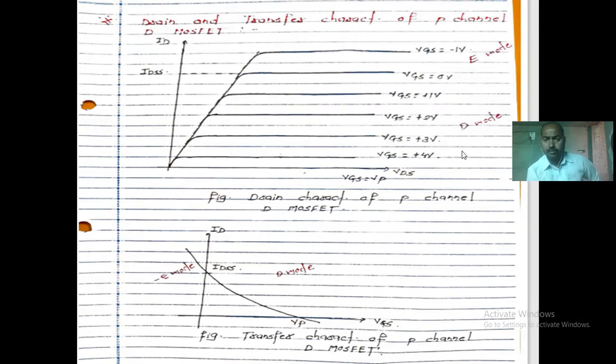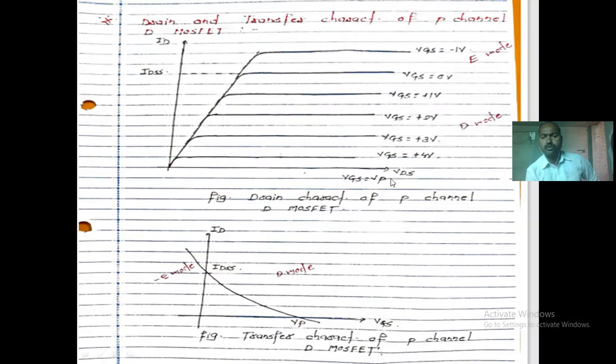So in case of P channel MOSFET, we apply VGS starting from positive. When VGS applied is positive, less current flows, as opposed to N channel. Initially, the drain characteristic of P channel MOSFET is the plot of drain current versus drain to source voltage.